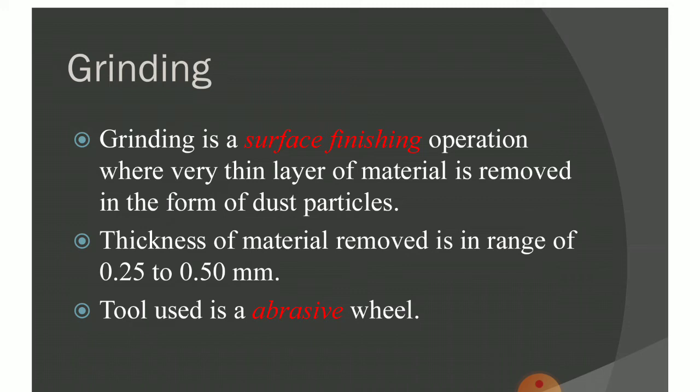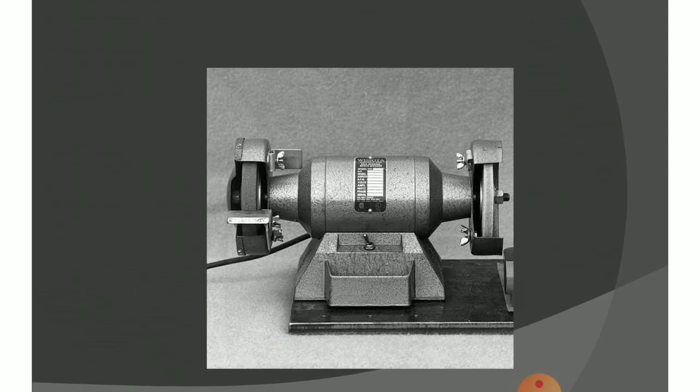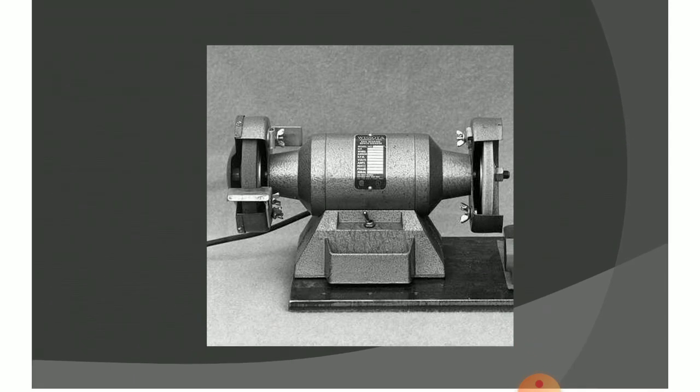Now in the next slide you will see a peculiar type of grinding machine, most commonly found in any workshop, in any industry, right? Wherein you can observe two wheels, one on the right hand side and another one on the left hand side.